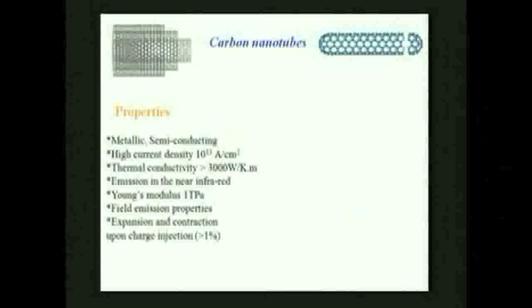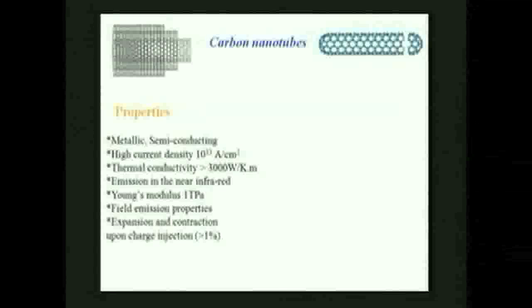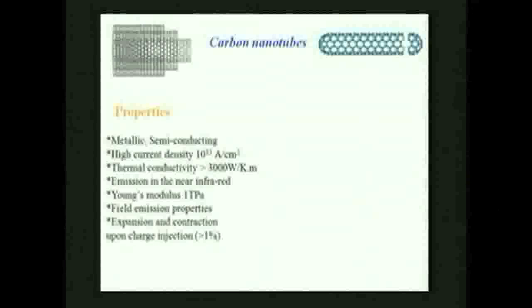The other electronic properties of interest are, as far as metallic is concerned, the very high current density that can flow along the nanotube, which is much higher than that which can flow along a copper wire. They are also known to be high thermal conductors, much better than diamond, which is one of the better conductors.